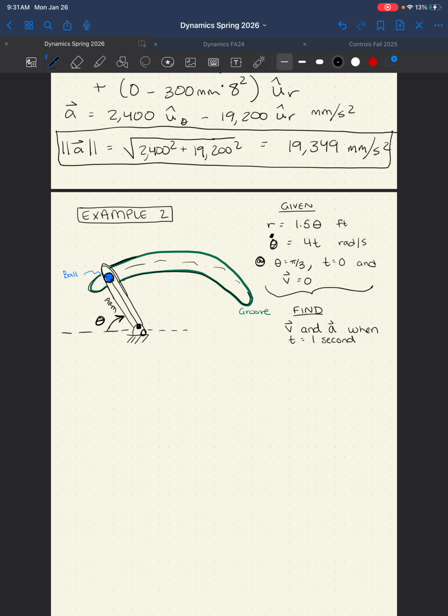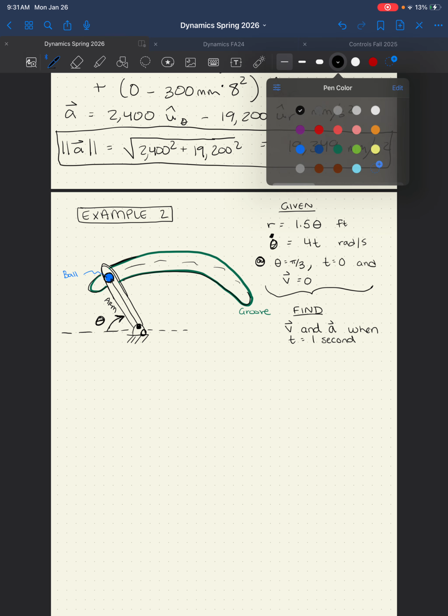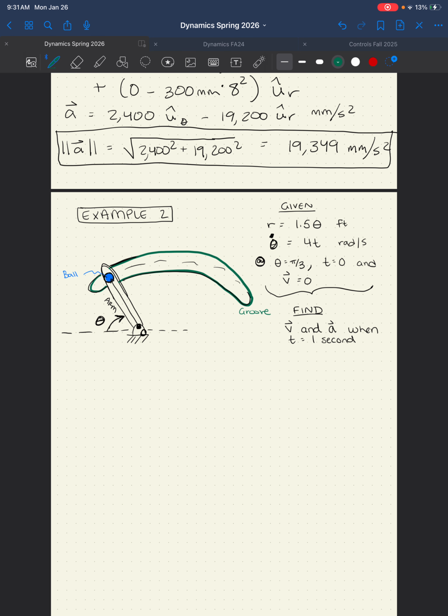This green kind of bean looking thing, this green groove, is like a slot that defines the path of this little blue ball. So this little blue ball is being pushed along this slot by this pivoting arm. And this ball can kind of move freely up and down this arm.